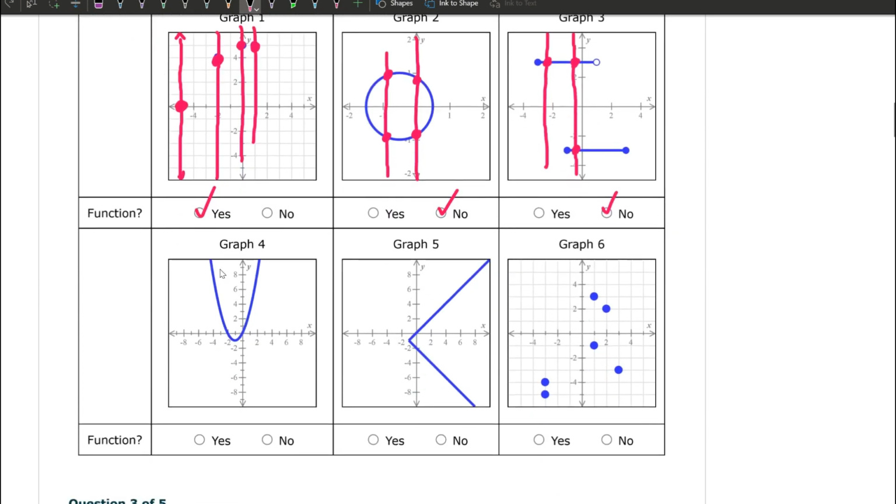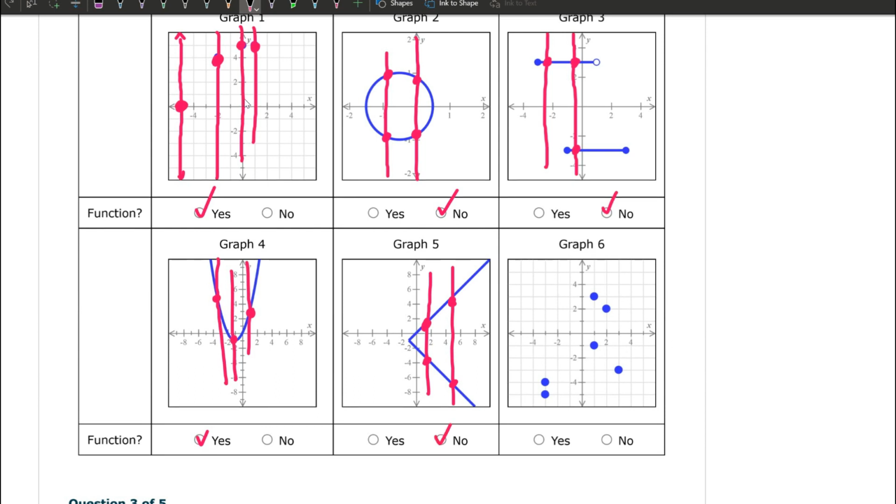If I draw a vertical line, which means a line going up and down, they cross your parabola at 1 point every time. So this is a yes, it is a function. If you draw a vertical line here, they cross the blue line at 2 points. This is a no.